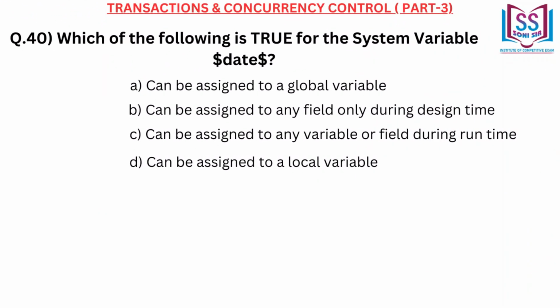Which of the following is true for the system variable $date? A. Can be assigned to a global variable. B. Can be assigned to any field only during design time. C. Can be assigned to any variable or field during runtime. D. Can be assigned to a local variable.